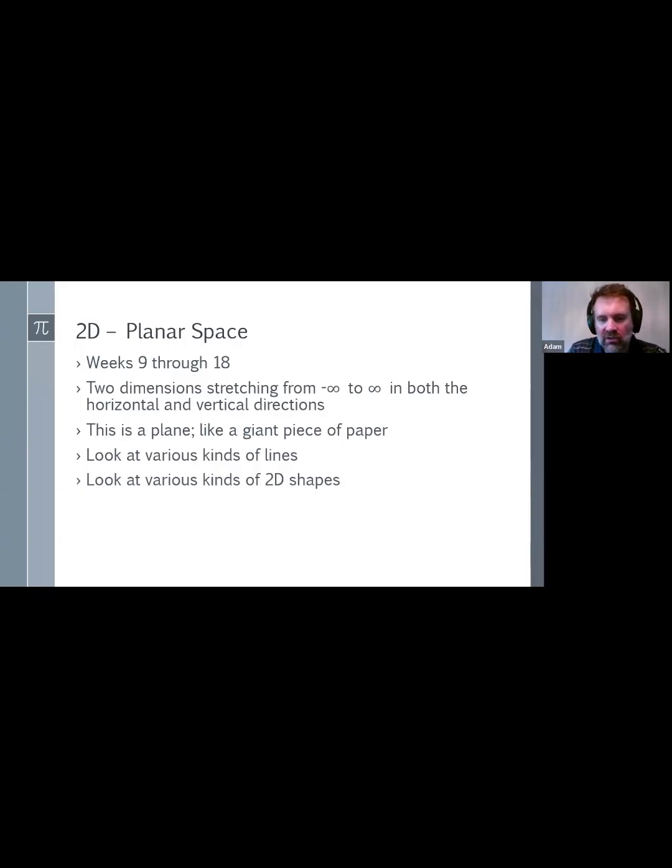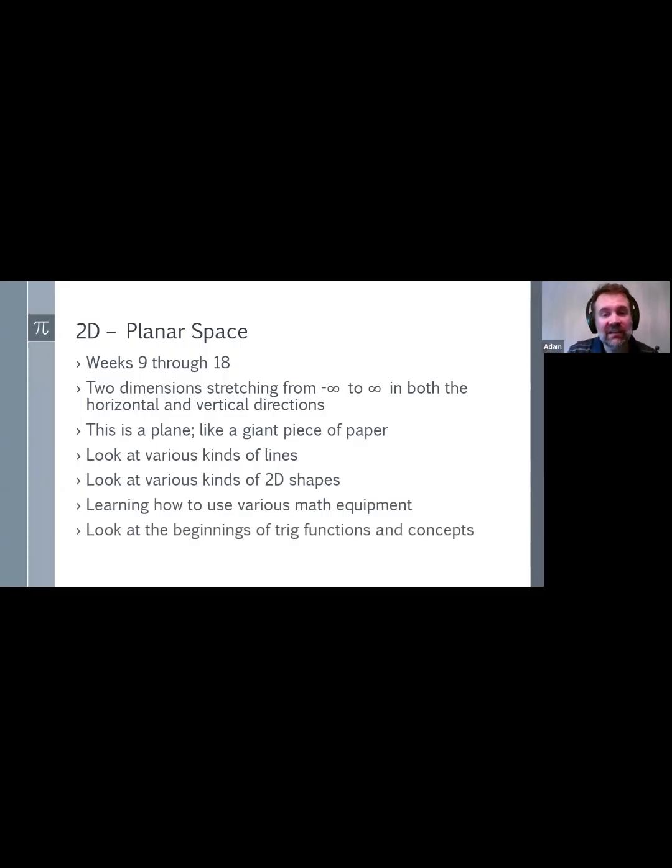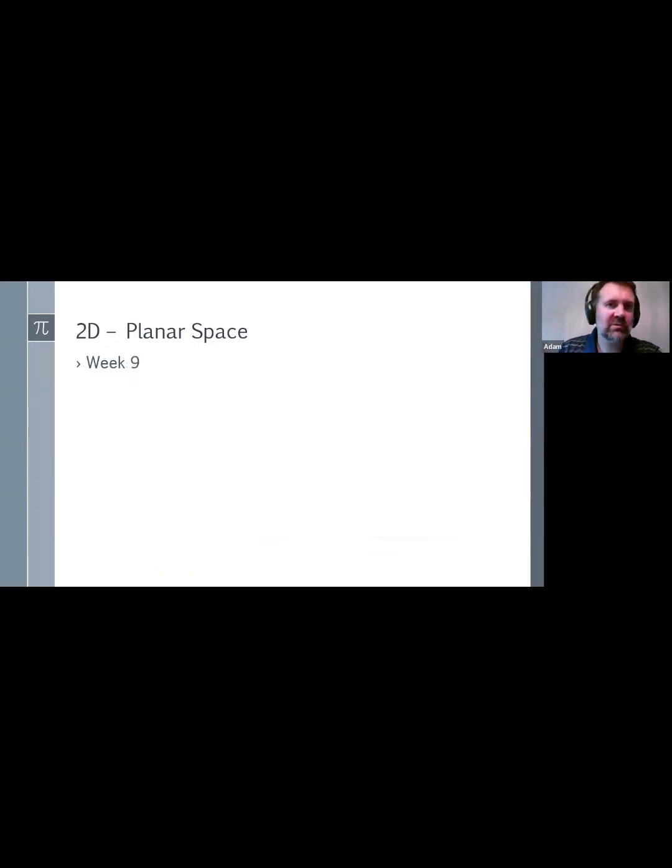You're going to learn how to use various math equipment, like a compass and a ruler, and measure shapes and so forth. You're going to get the beginnings of trig functions and concepts as well in one of the weeks during this time. And then you're going to also do intersections of various shapes and so forth, and do transformations. So that's what you're basically going to do in the 2D planar space.